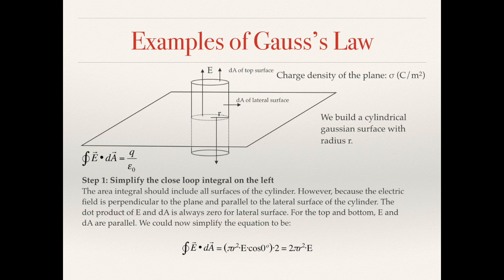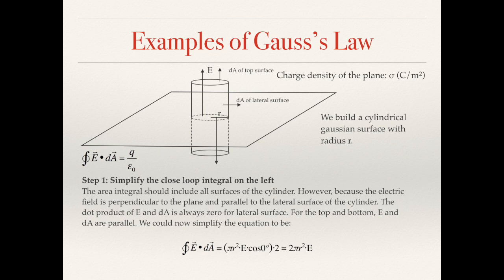So the closed loop integral of E times dA here is just E times A, the area, because the electric field is constant over that surface. Therefore, the left part of Gauss's law can be simplified into pi r squared, which is the area, times E, the electric field strength, which is a constant, and cosine 0, which is 1.